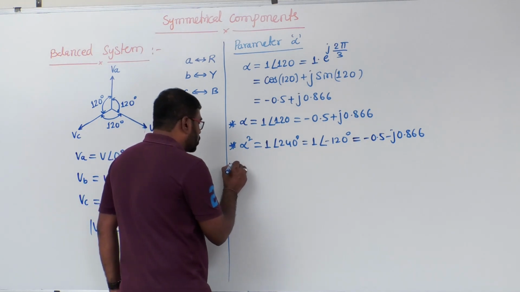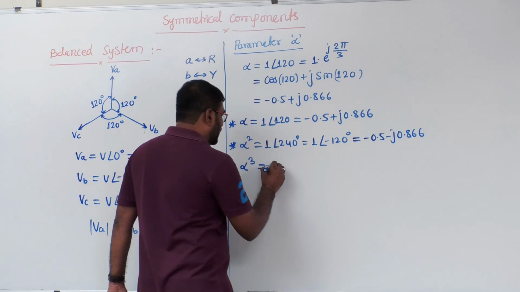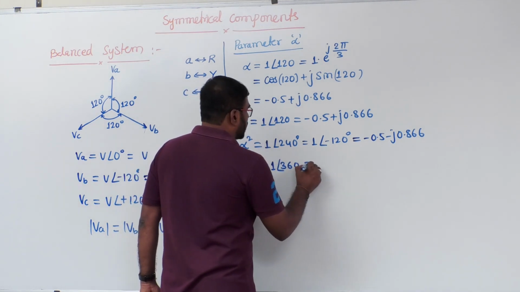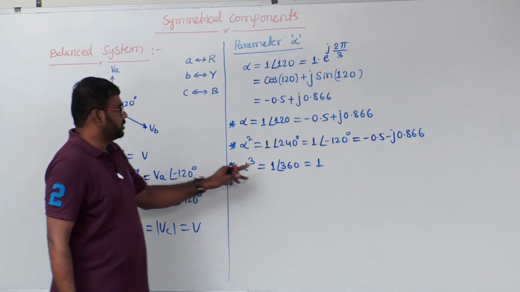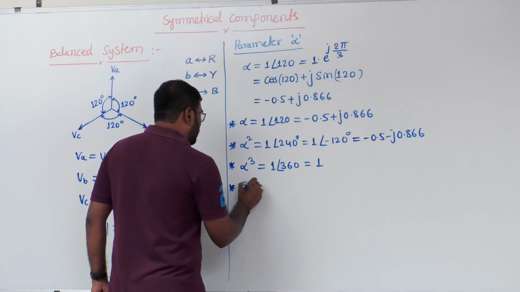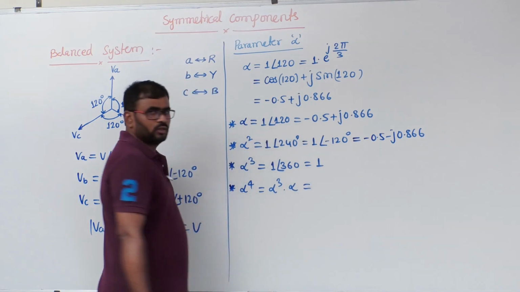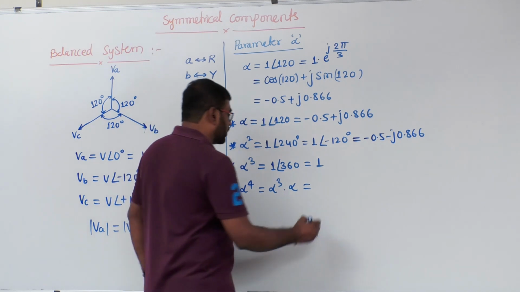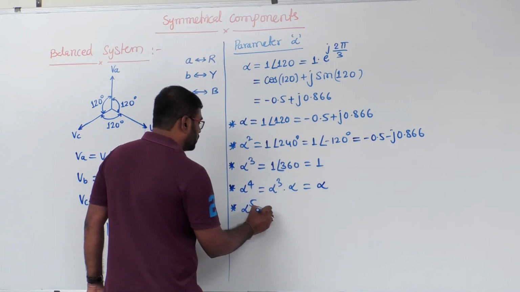Now alpha cube. Alpha cube I can write as 1 at an angle 360 degrees. Nothing wrong to say 1. Alpha cube is simply 1. So alpha power 4 can be written as alpha cube into alpha. Alpha cube value is 1 multiplied with alpha, nothing but alpha only. So tell me, what is alpha power 5?